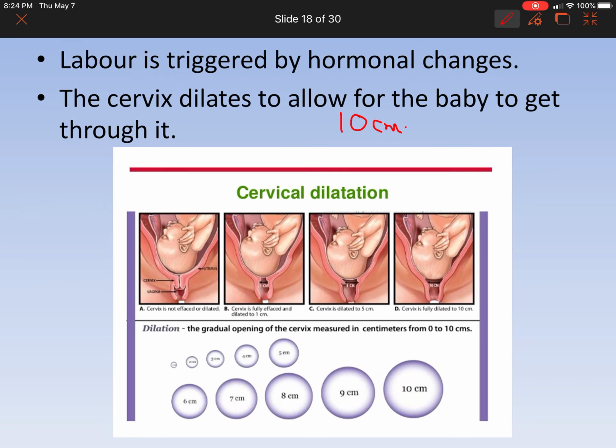So when they're talking about that dilation, what they're talking about is the cervix here. So this is the cervix. And so once that cervix gets to 10 centimeters, that would be fully dilated at that point. So 10 centimeters is really not that large, but it will stretch past that to allow the baby to be delivered.